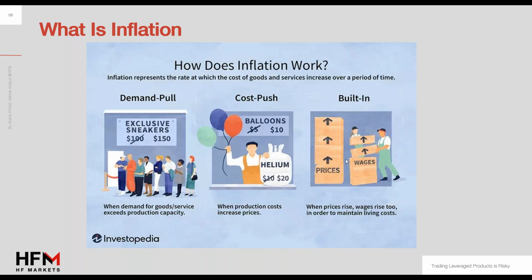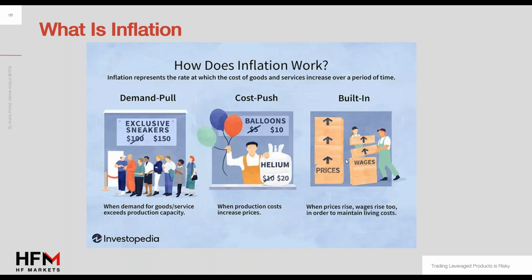It's just different factors that lead to higher prices of goods and services. Three different factors that could lead to higher cost of goods and services.